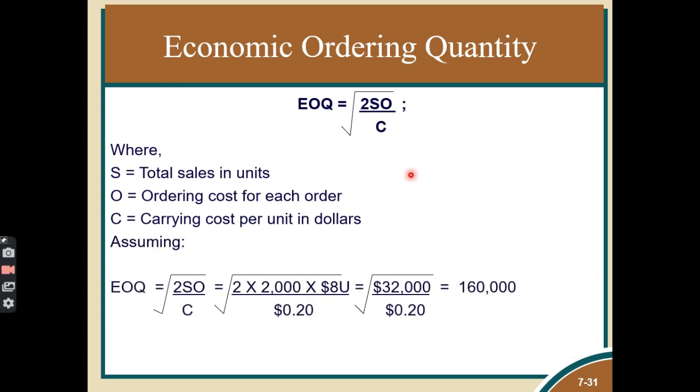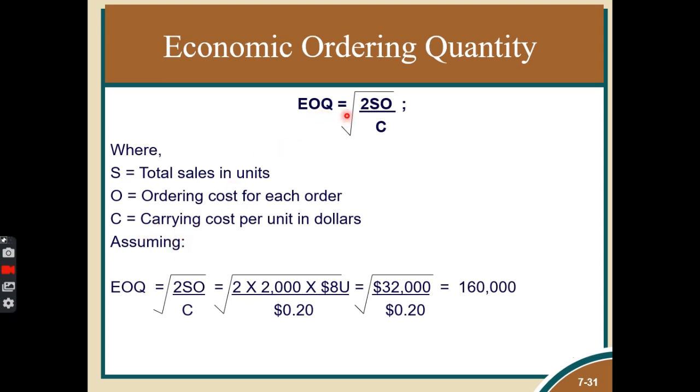We are going to use a formula that will give us an idea of the optimum quantity we are supposed to order whenever we purchase a particular inventory. The EOQ model is computed by getting the square root of 2 multiplied by S and O divided by C, where S is total sales in units, O is the ordering cost, and C is the carrying cost.